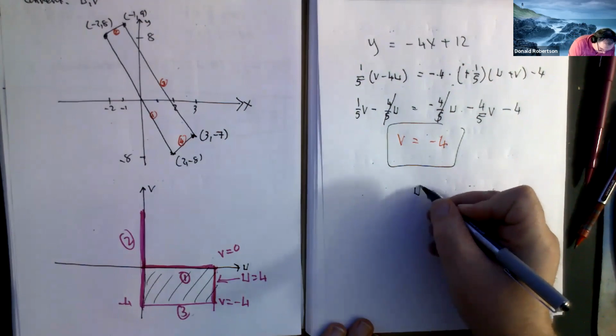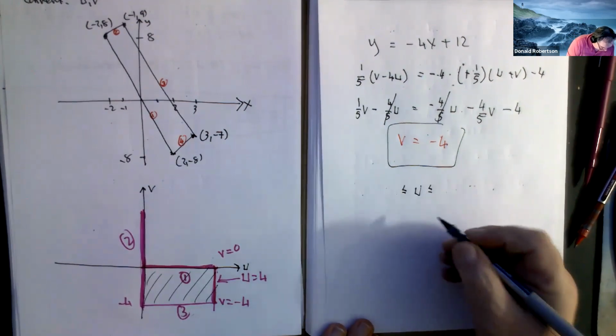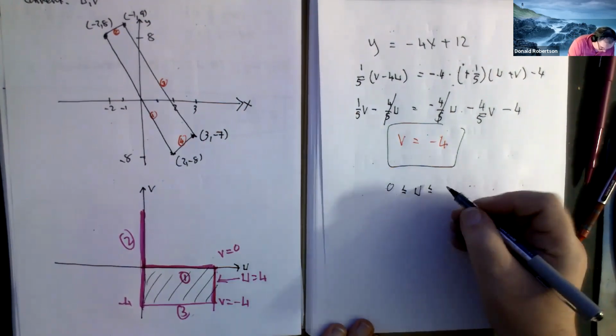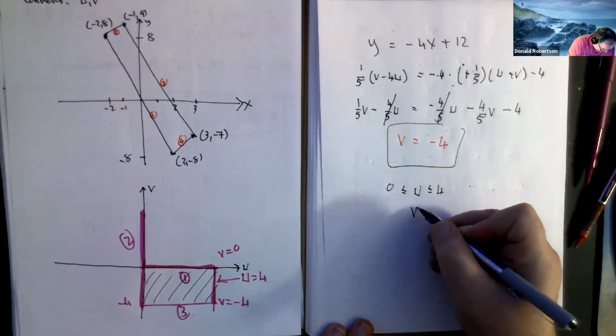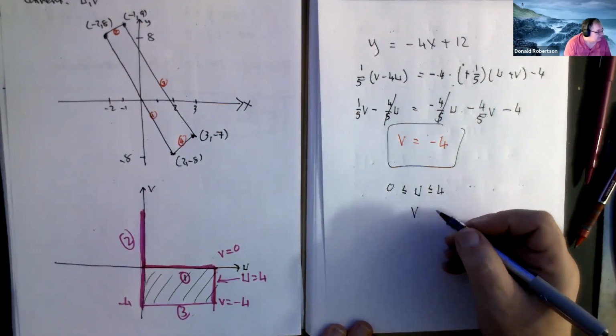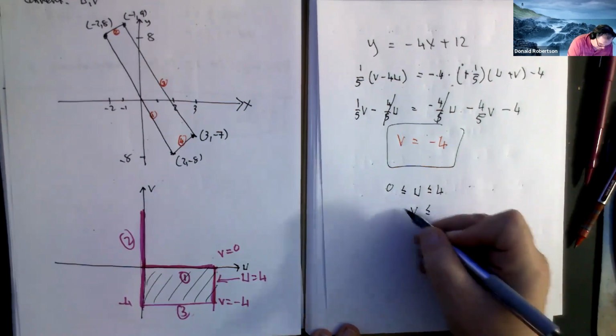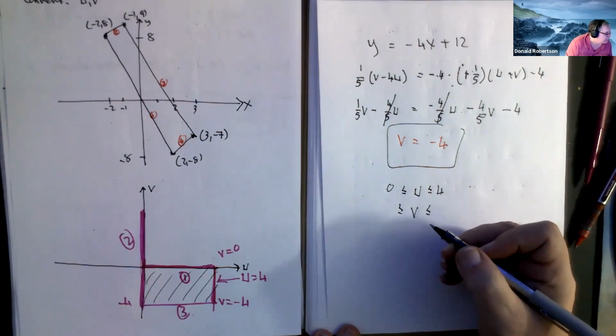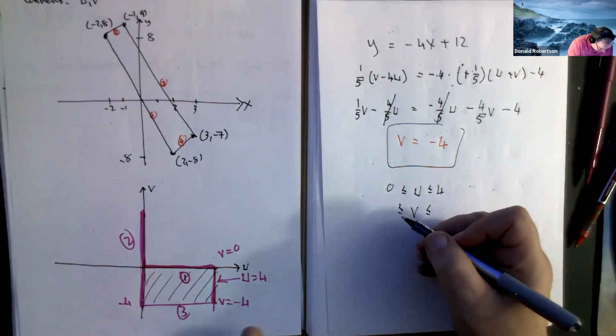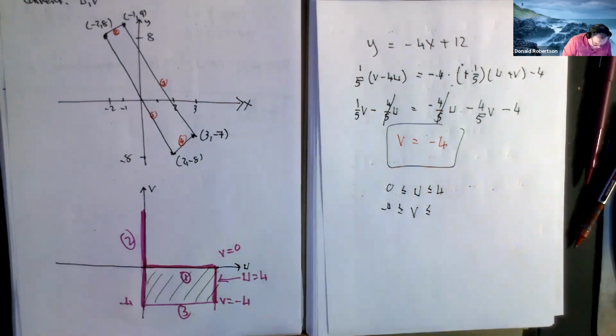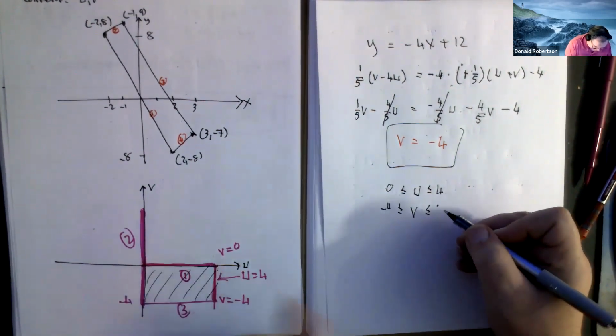And so the u's go from what, 0 to 4, and the v's go from, where do they go from? They go from negative 4 to, in this case, 0.